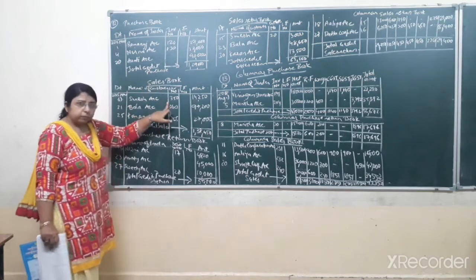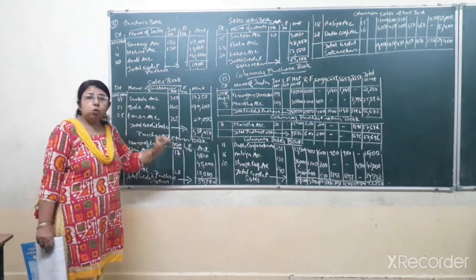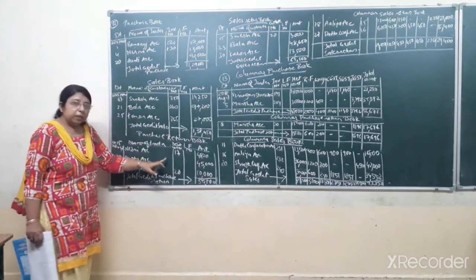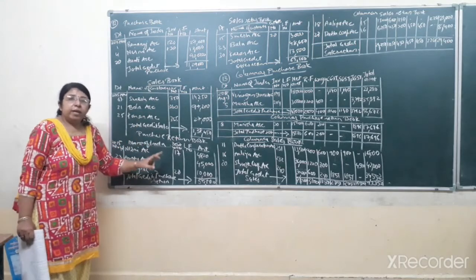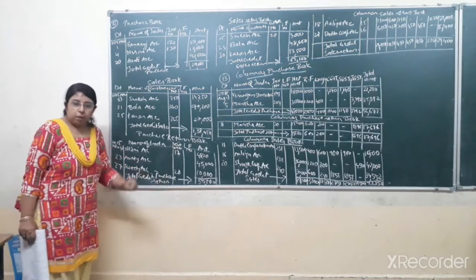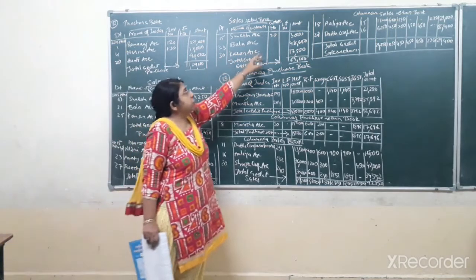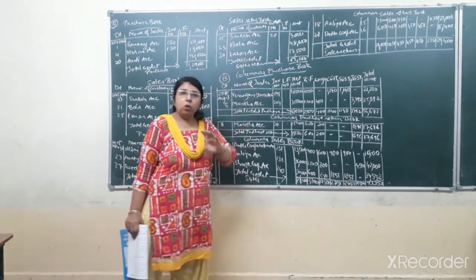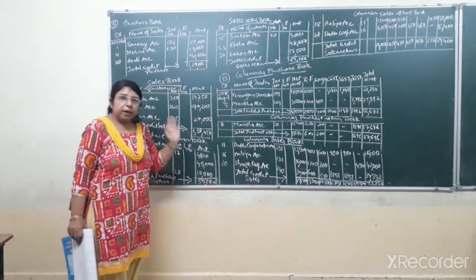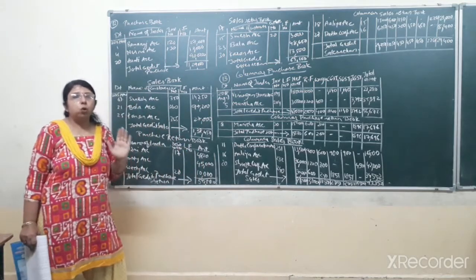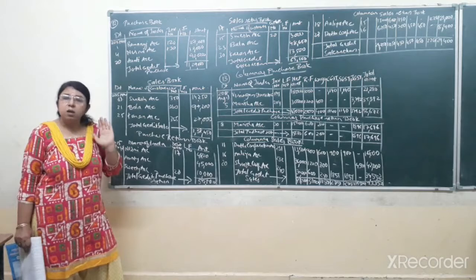In case of sales book we are writing outward invoice number. In case of purchase return book we have to write debit note number, and in case of sales return book we have to write credit note number. Otherwise the entire specimen of all the 4 goods subsidiary books remains the same.